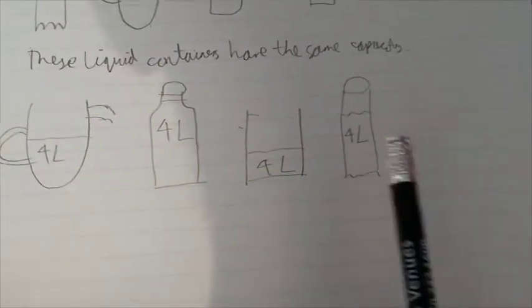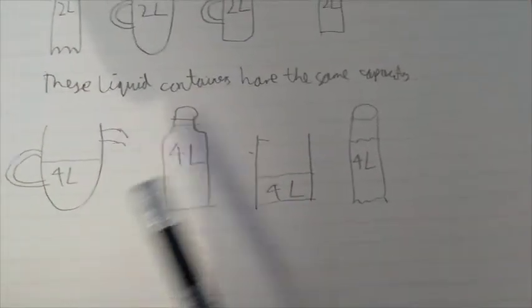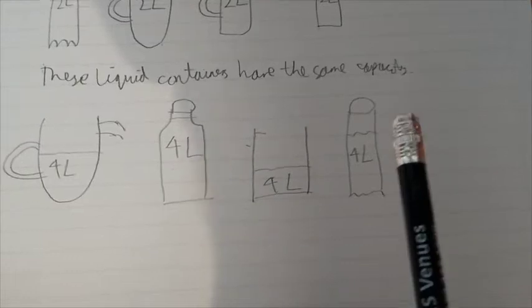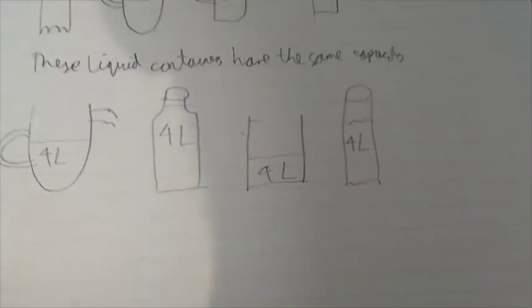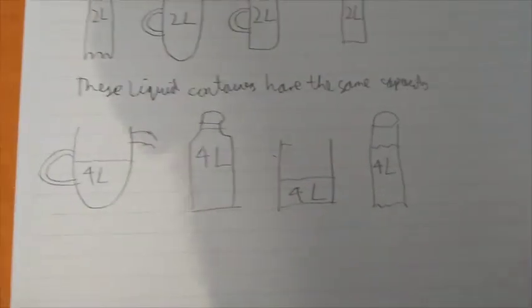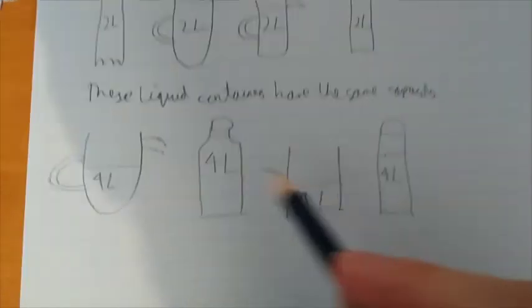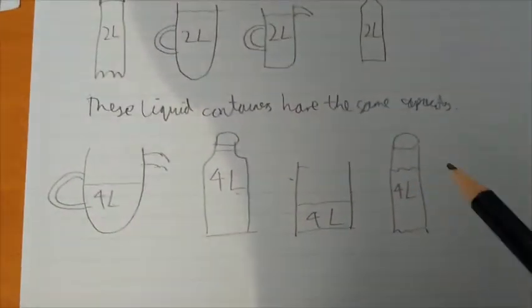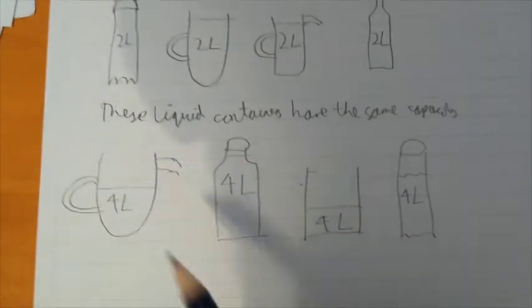So here are 4 more liquid containers. So again, see what similarities and this time see what differences they have as well. So please pause the video whilst you do so. Right, so the similarity is they are all 4 litres, but the difference is they are filled up to different parts of their capacity.